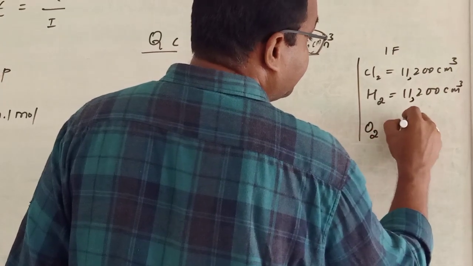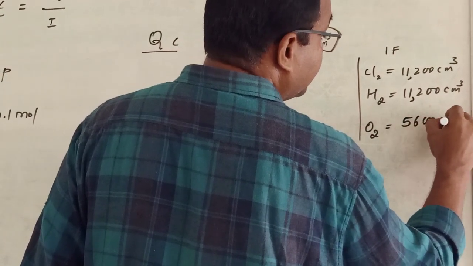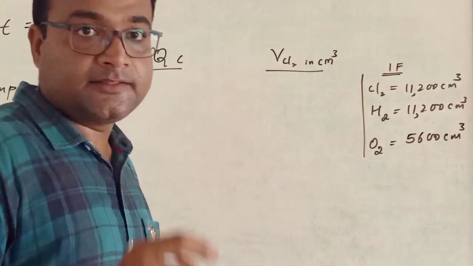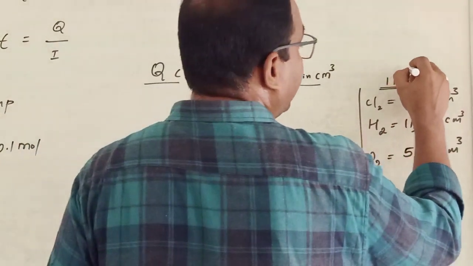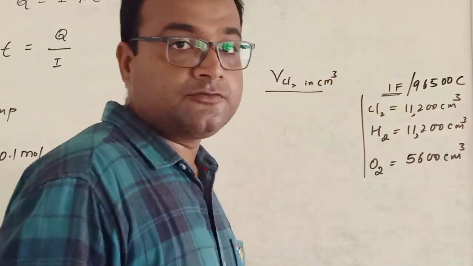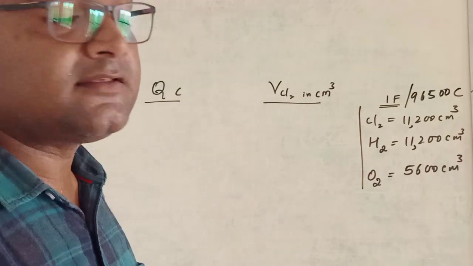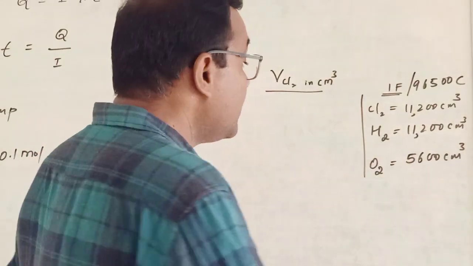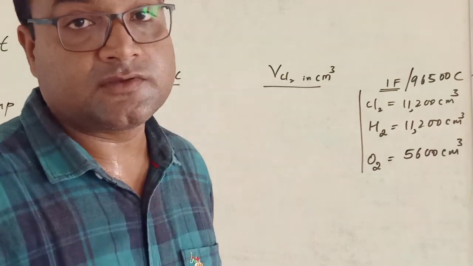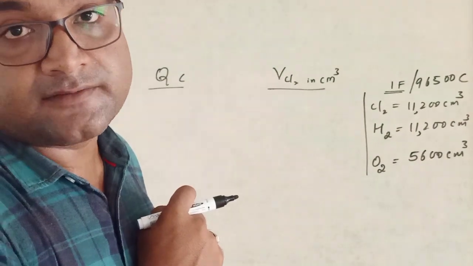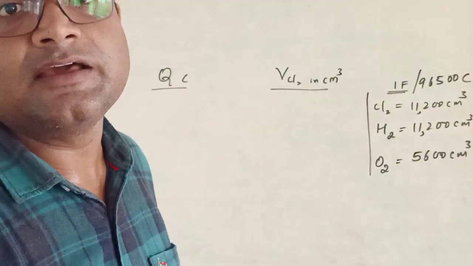Oxygen gas is 5,600 cm cube. It means when 1 Faraday, that is 96,500 coulombs of current flows, the quantity of chlorine gas and hydrogen gas released is 11,200 cm cube, whereas oxygen gas is 5,600 cm cube. When we discussed Faraday's law, I told you this; please repeat it once again.